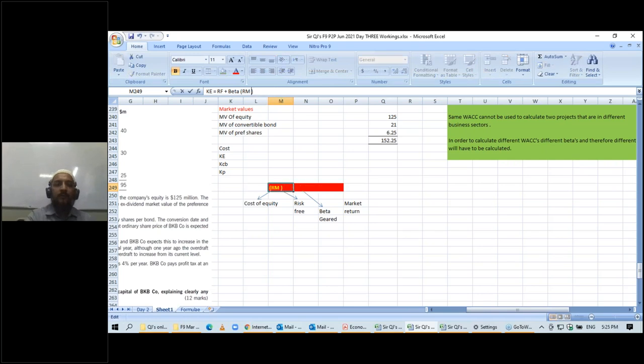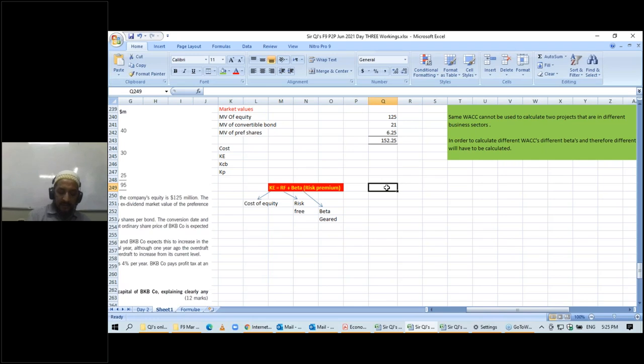Risk premium is the difference between the risky rate of return, the market rate, and the risk-free rate. Risk-free rate is on securities which are risk-free. So that's known as the risk premium. So over here in the question, they have not given you market rate and risk-free rate. They have given you the risk premium. So we'll directly be taking the risk premium over here.